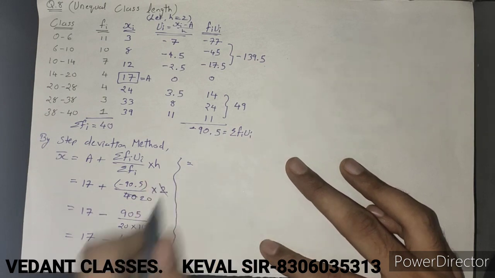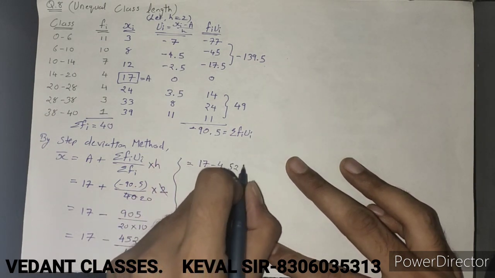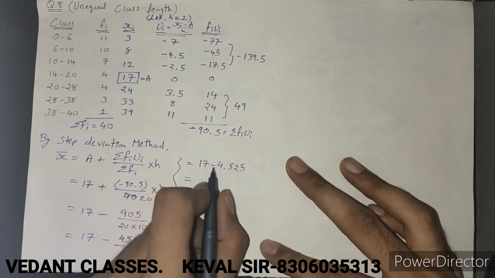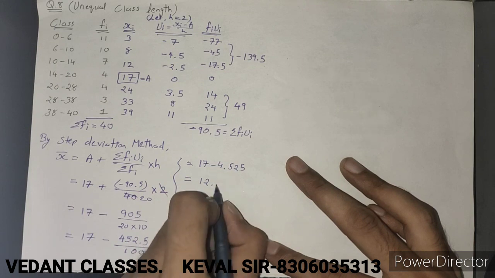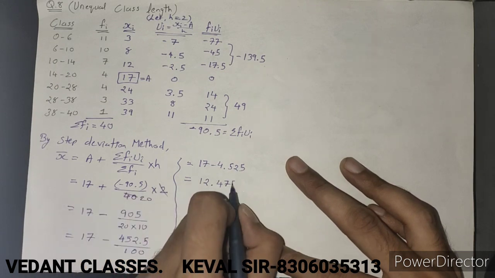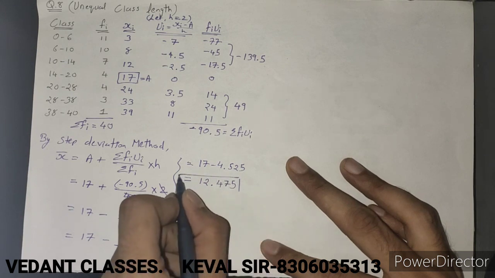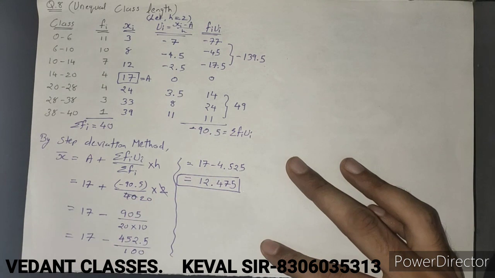Subtracting these two values, we'll get 12.475. So this is the value of mean. This is how you can calculate the mean for this kind of question using the step deviation method.